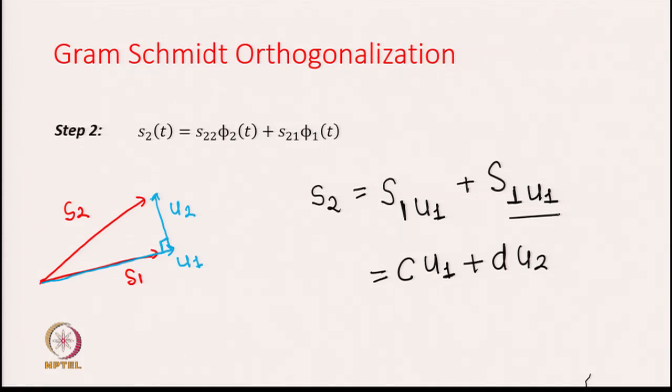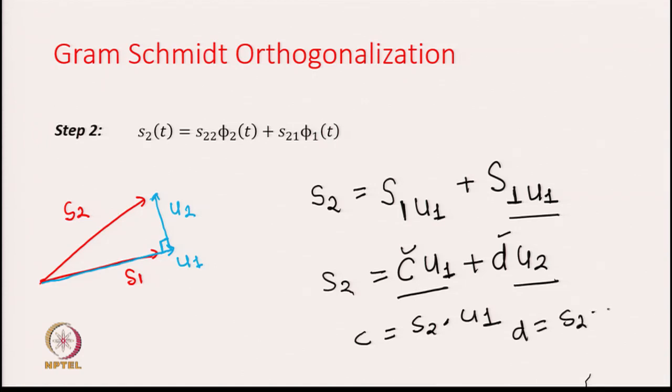So, I can think about a vector decomposition in terms of two unit vectors that are perpendicular to each other, and what remains is finding these coefficients C and D. Finding C is quite straightforward. C can be obtained by dotting S2 with u1, and D can be obtained by dotting S2 with u2.